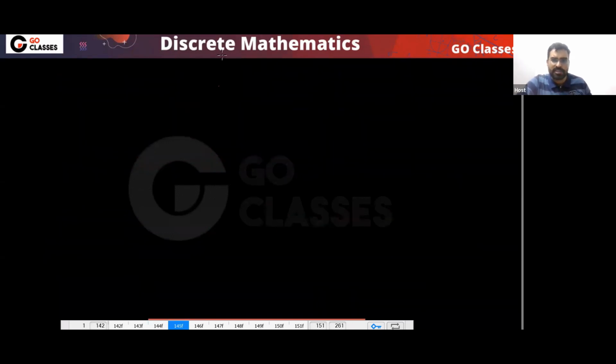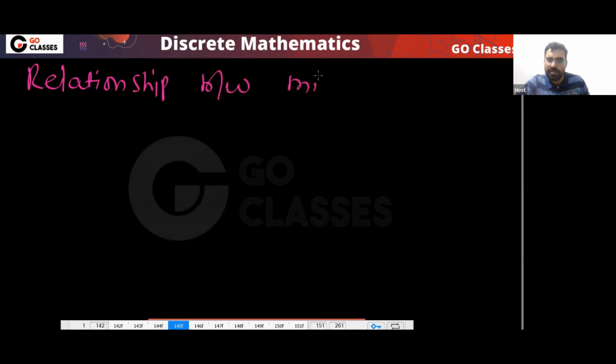Now, interesting observation. What is the relationship between minimum degree and smallest edge cut?